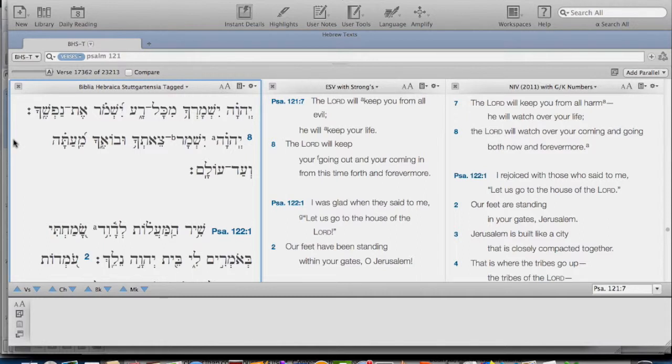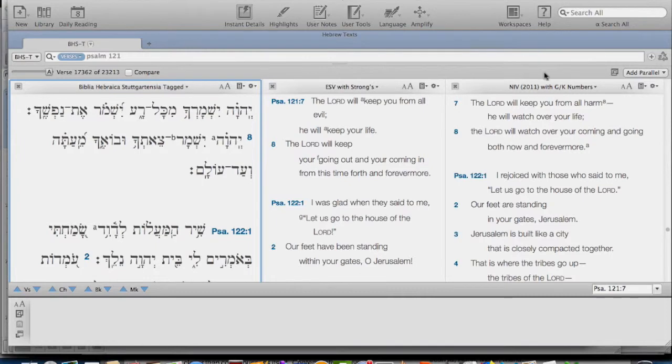Or traditionally that word for life there, nefesh, can sometimes be translated soul, but it's probably better to see that as life, that a nefesh is the totality of what a person is. So let's go back and analyze. Okay, our first word's pretty straightforward. We have a proper noun, Yahweh, and how does this function in the phrase? Well, one of the ways that you can look at this is you can also look at the English translation.